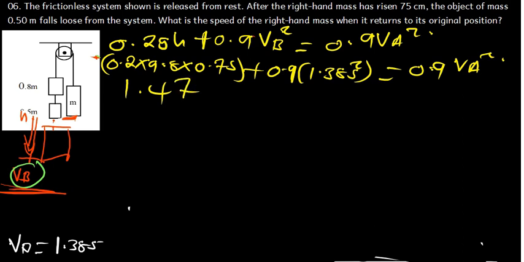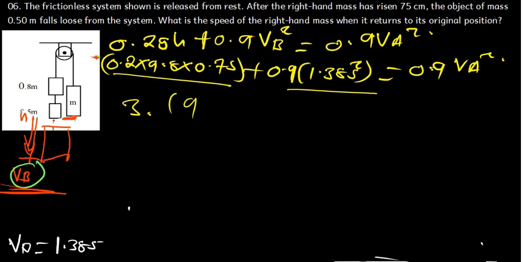Then 1.385 squared times 0.9, I'm getting 1.72. So if I add this plus 1.47, I'm getting 3.196. This has to be equal to 0.9 va squared.